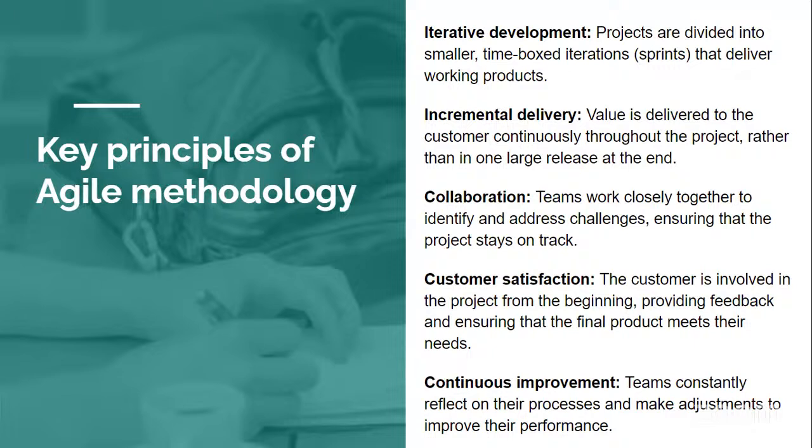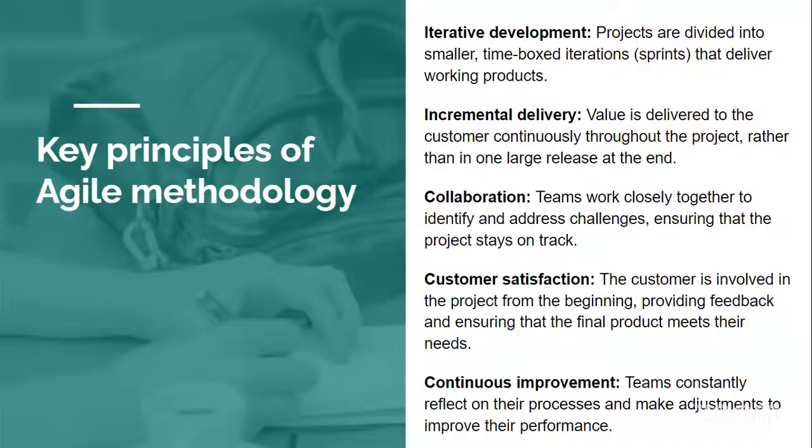Also, we have the collaboration, teamwork closely together to identify and address challenges, ensuring that the project stays on track. Also, there is customer satisfaction. The customer is involved in the project from the beginning, providing feedback and ensuring that the final product meets their needs.